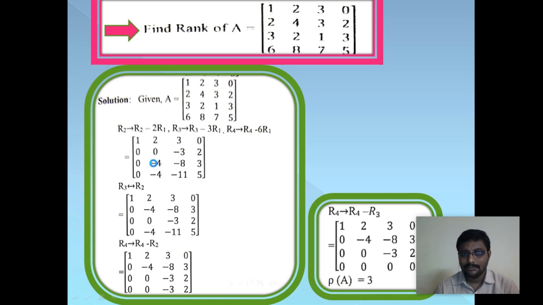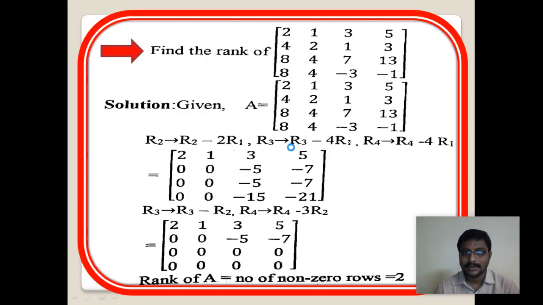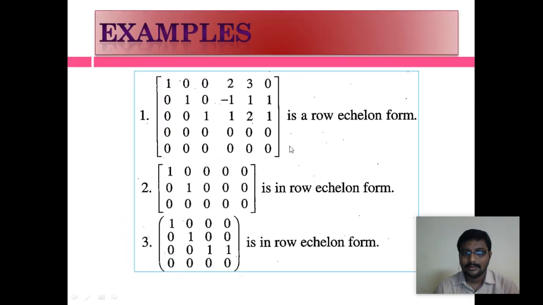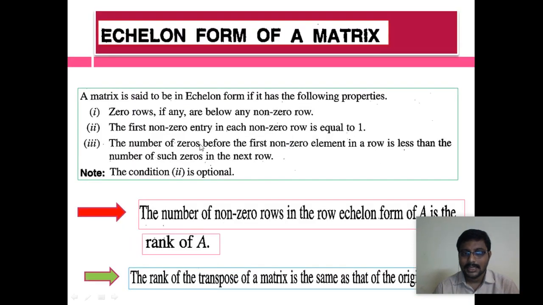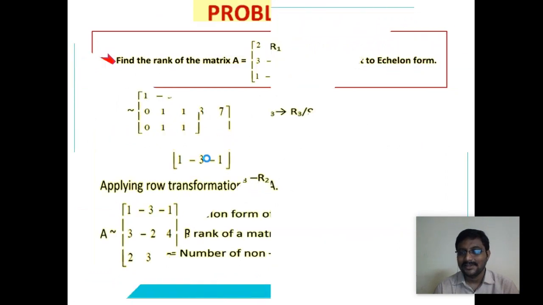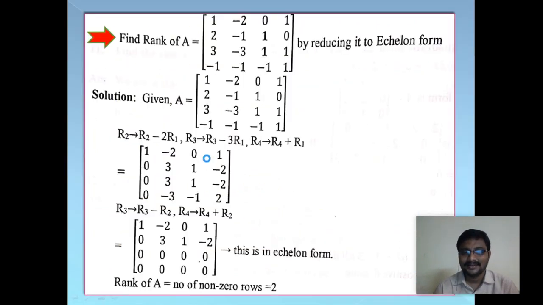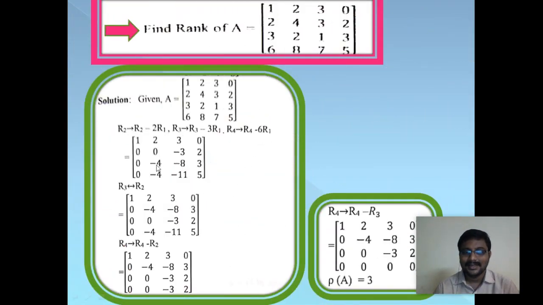The condition is that the number of zeros before the non-zero element in a row is less than the number of such zeros in the next row. So for this, see here, the two rows are interchanged. R3 is interchanged with R2.